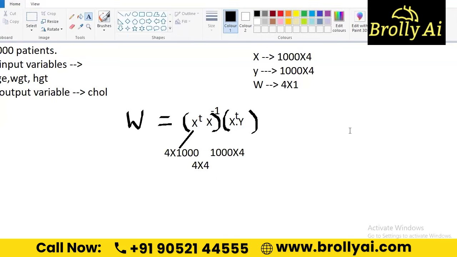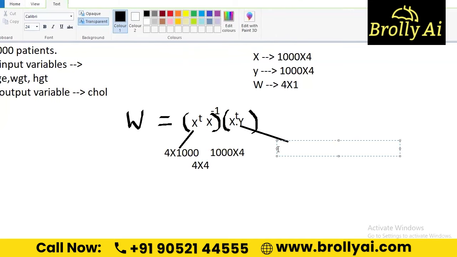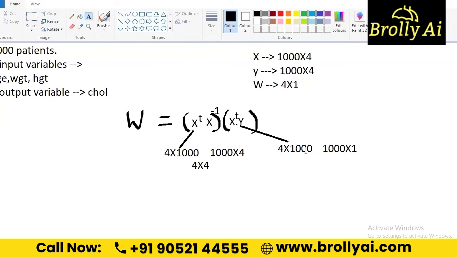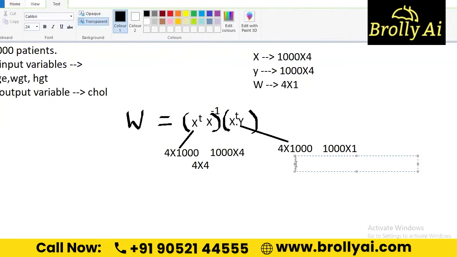Come to the right side part. Again, size of X transpose 4 by 1,000. Size of Y 1,000 by 1. Again, number of columns and number of rows match. The result will be 4 by 1.